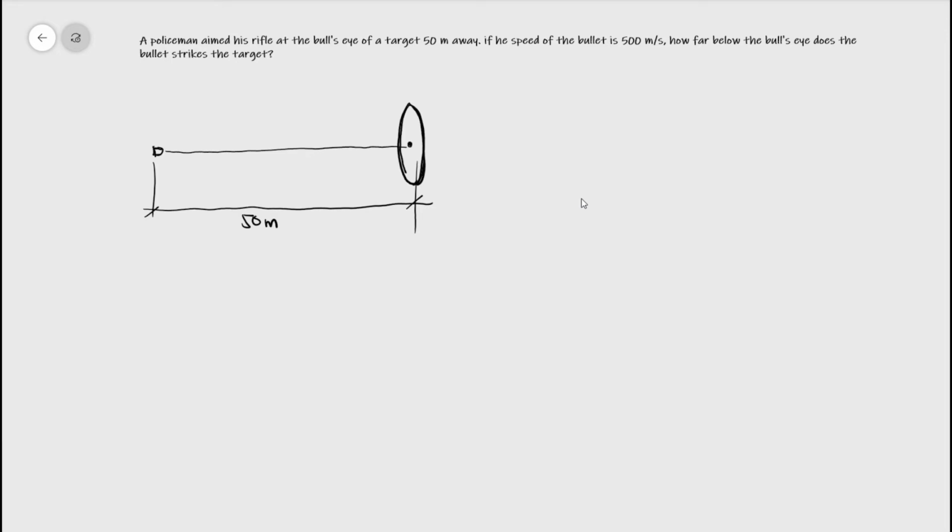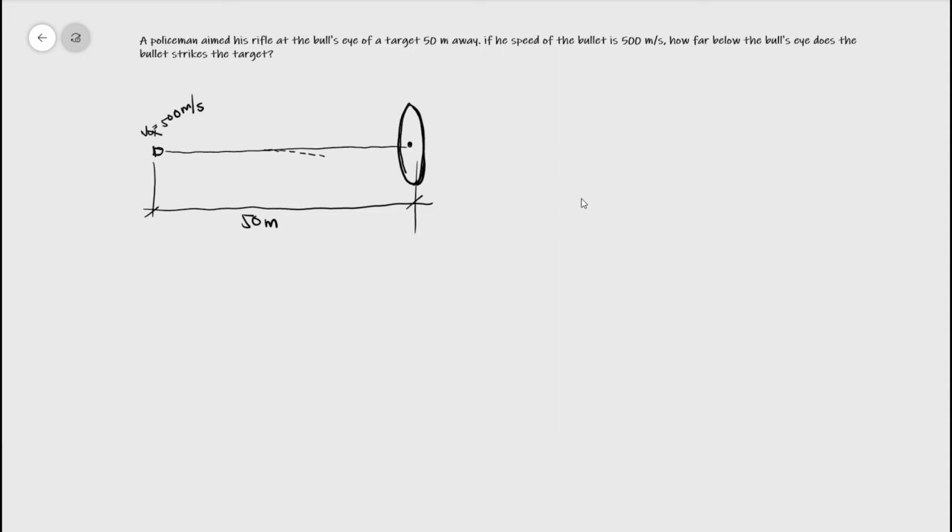Now from the problem, the speed of the bullet is equal to 500 meters per second. That is the speed of the bullet along the x-axis. How far below the bullseye does the bullet strike the target? Meaning to say, when the bullet is traveling, there is some point that it is losing distance to the target.